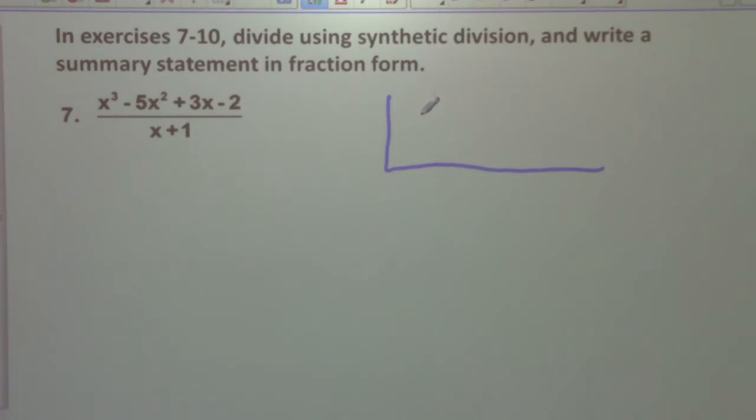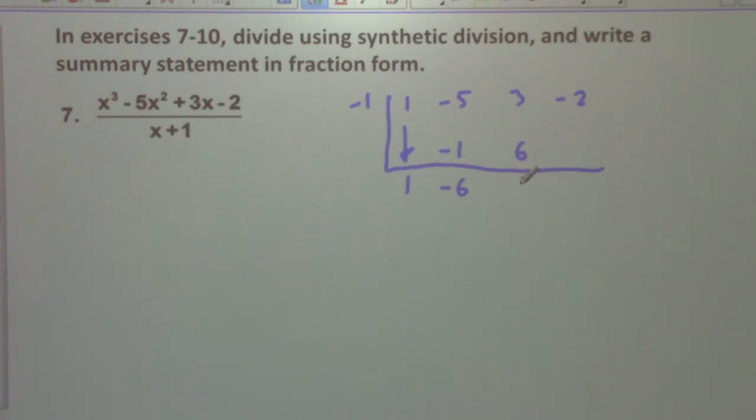On the outside, you're going to put a 1, 3 plus 3. And on the inside, you're going to put a 1, then a -5, a 3, and a -2. Bring down that first one, and then in this space you get -1, -5, -1 is -6, and then you've got a +6.